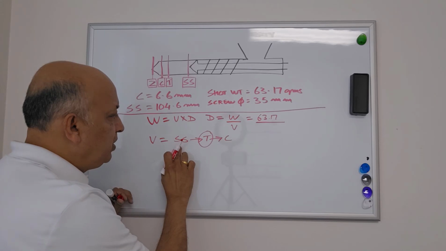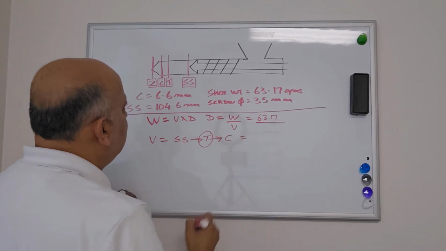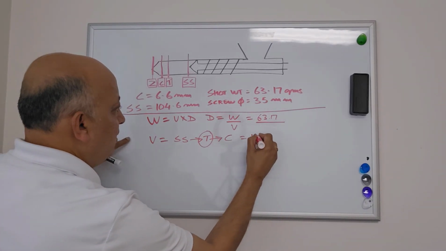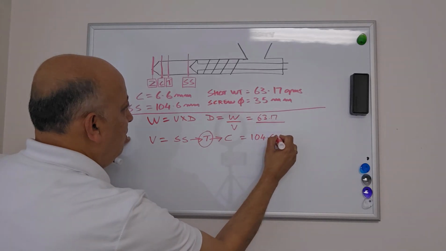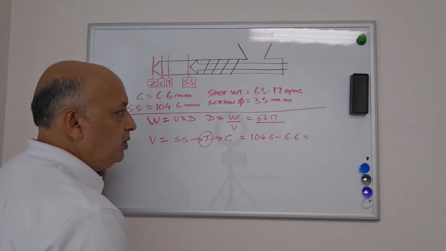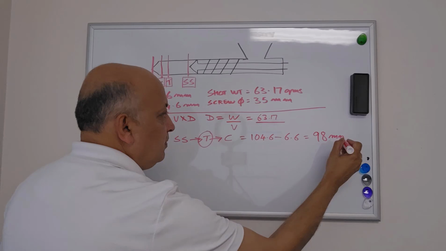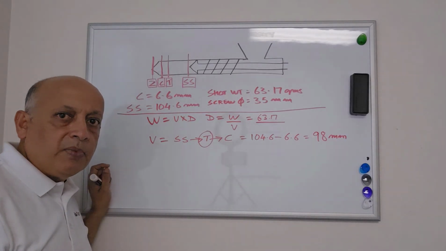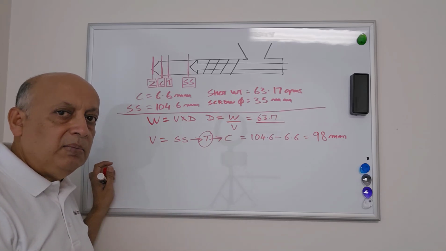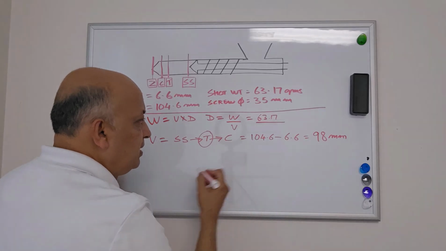So we're going to go from the shot size to the cushion value. And that value is 104.6 minus 6.6, and that is equal to 98 millimeters. Okay, so the travel distance of the screw is 98 millimeters.